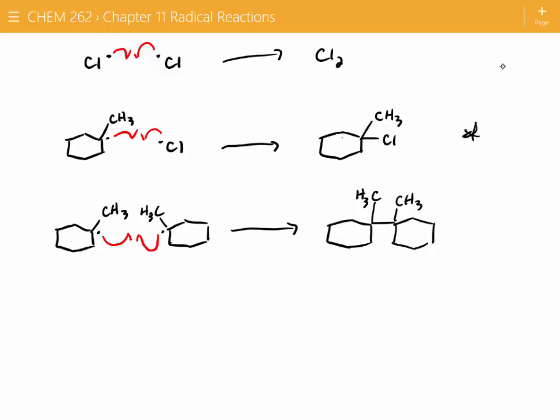If there's excess chlorine around, it will just keep on adding to the next most stable radical position until it runs out. So if excess X2 is around, it will add to the next most stable position.